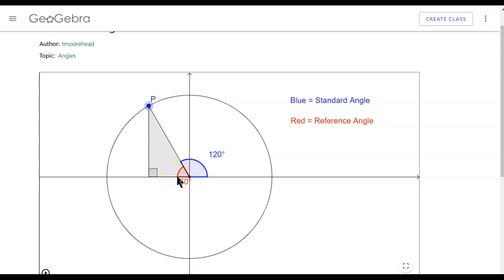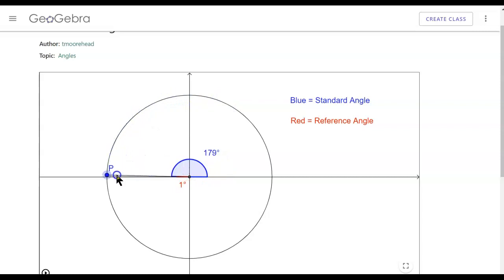So the reference angle is going to be 60 because this triangle is going to be exactly the same as if I were over here at 60, right here. They'll be in the exact same location.